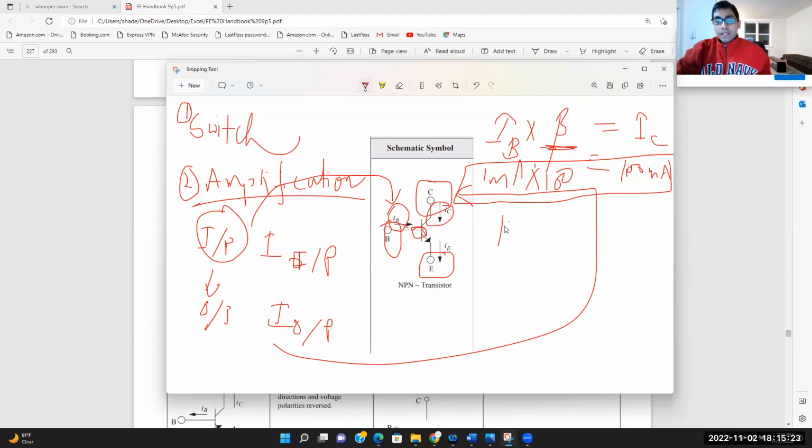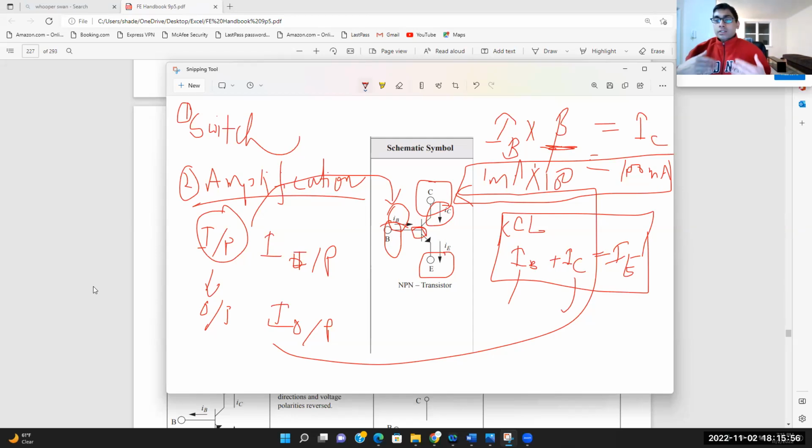So if I apply KCL at this node, I can write IB plus IC equals IE. That's how I get this equation, where IE, by applying Kirchhoff's current law, is the sum of the base current and the collector current.